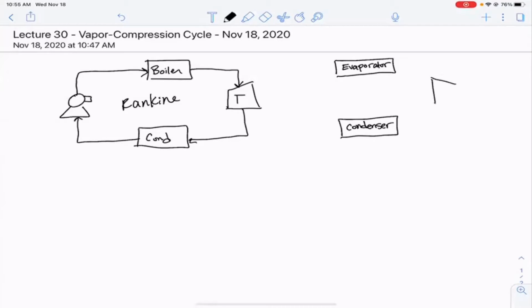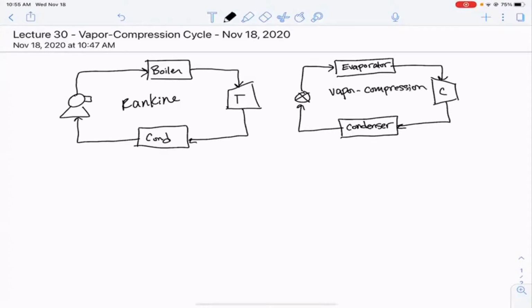In the power cycle, we increase the pressure using a pump. Well, in this case, we're going to try to do the opposite. So instead of having a pump, we're going to have a valve. And our cycle is going to go in this direction. We'll talk through the steps in just a second. But that is refrigeration, or the vapor compression cycle.